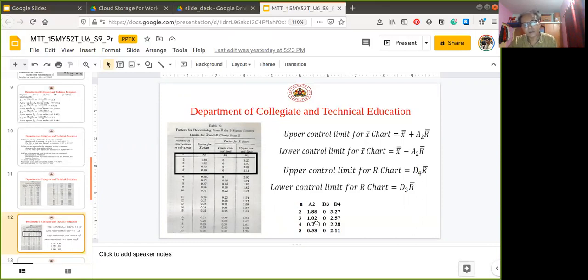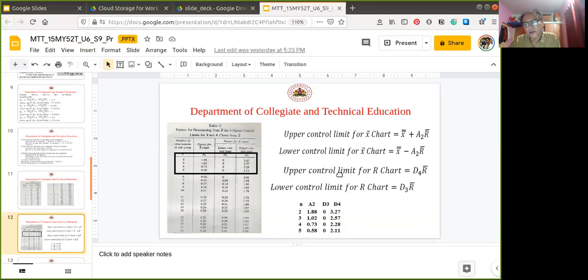Now we can see the lower control limit for the X bar chart. It is X double bar minus A2 into R bar.